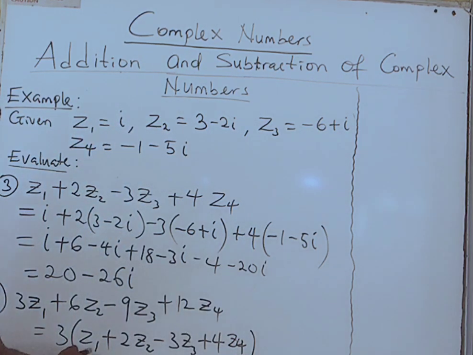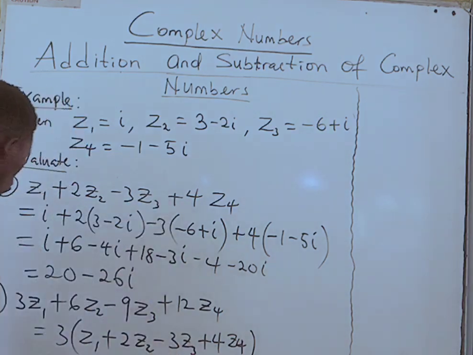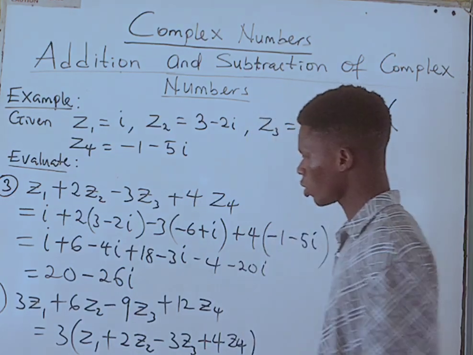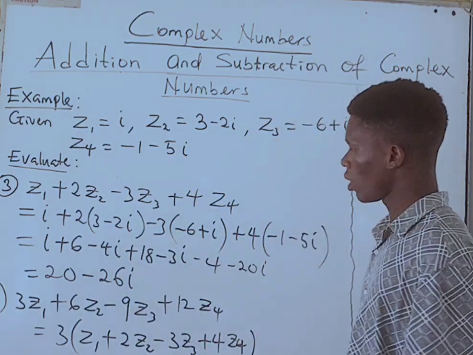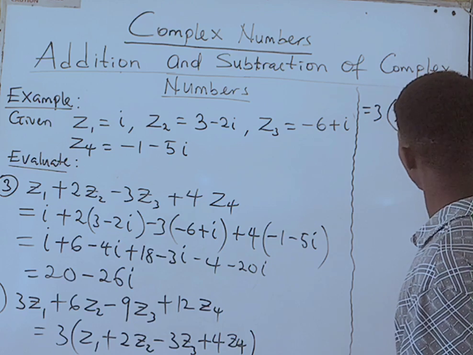Now, looking at this very well, we can see that it is what we have done in number 3. That is what we have in the brackets. So what we need to do is just substitute our result in 3. That is 3 multiplied by our result in 3, that is 3 into bracket 20 minus 26i.